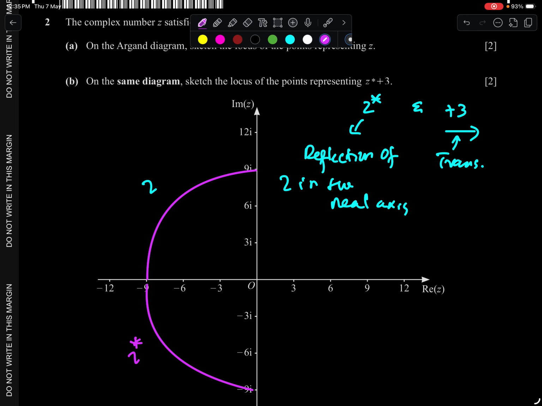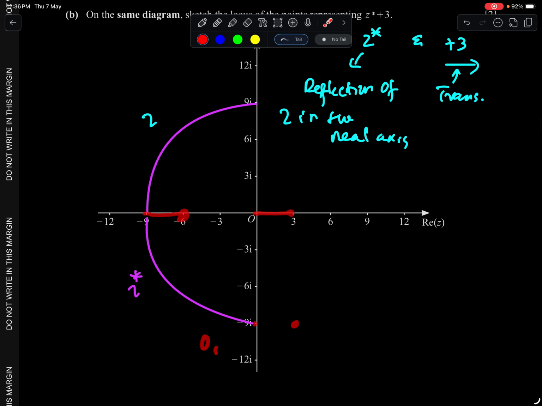Now we have to translate this 3 units right. So when we translate this curve, this point will come here, minus 6, and 0 will come here, 3. So 0 minus 9i will come here. Let me write the points here.